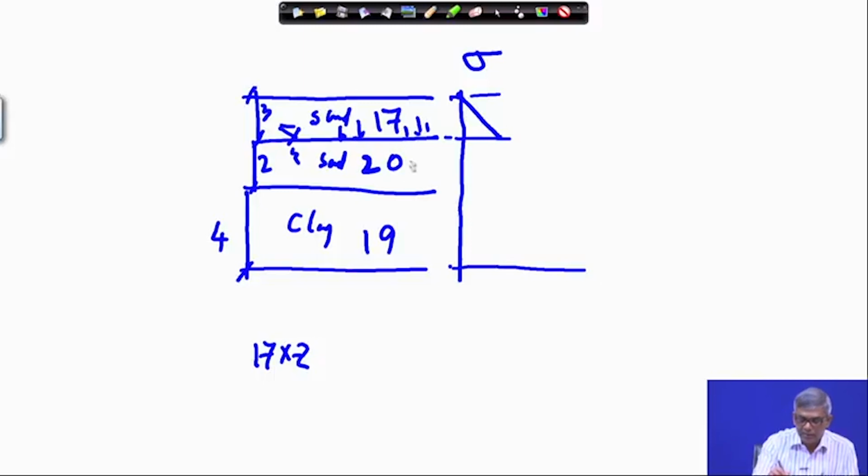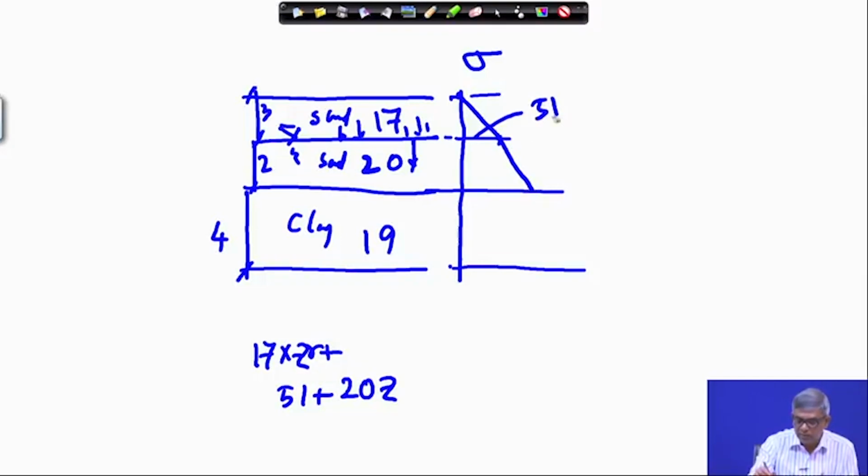Then because of this layer again further addition will be there. So that will be gamma total, that means 51 plus 20 into z, if I consider z from here. If it is 2 meter, 20 into 2 is 40. So at this level it will become 91.